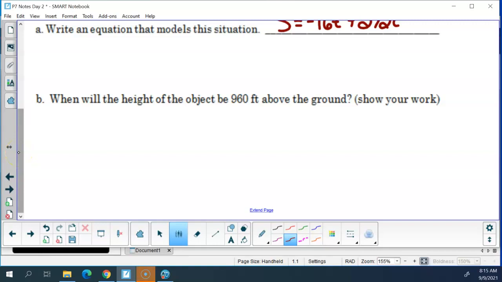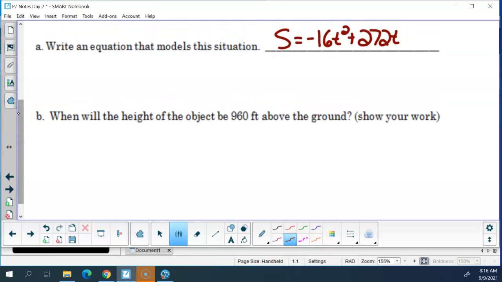The next question is, when will the height of the object be 960 feet above the ground? There are two ways that we can do this. The first way is we could do it algebraically. We have the equation for the height of our object, which is what we just figured out. It is s equals negative 16t squared plus 272t.